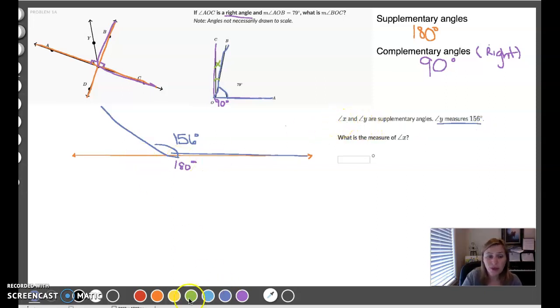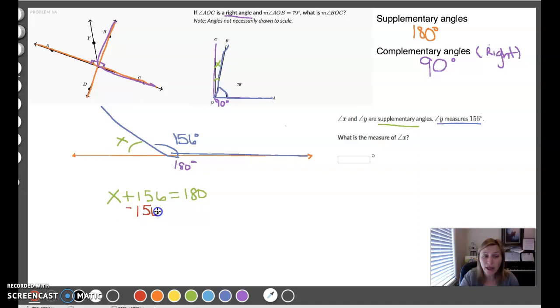So angle X is going to be this missing angle right in here. We still don't know what angle X is, but we know they're supplementary. Supplementary means they sum to 180 degrees. So I can set that up. I don't know what this angle is, but when I add 156, it sums to 180. Now I solve it. My variable's x. What's happening to it? It's being added by 156. The inverse operation of addition is subtraction.